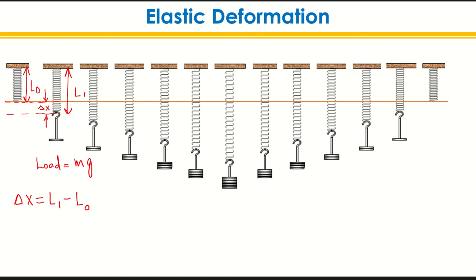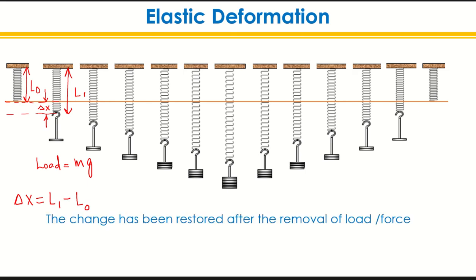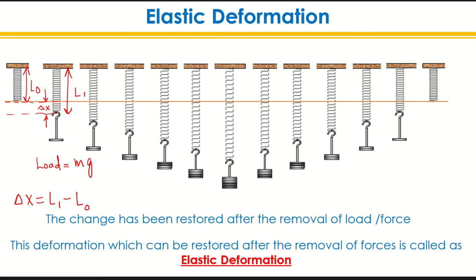So when you apply a force on an object, it deforms, but when you unload it and remove the force, it restores its shape. This kind of deformation is called elastic deformation. The deformation which can be restored after the removal of the forces is called elastic deformation.